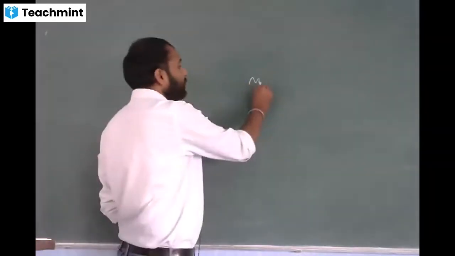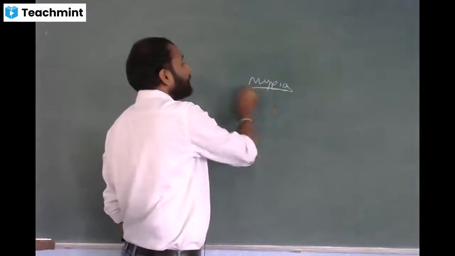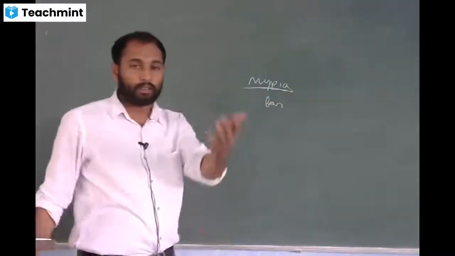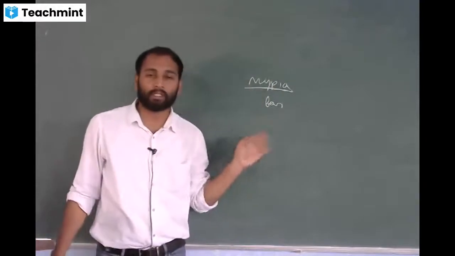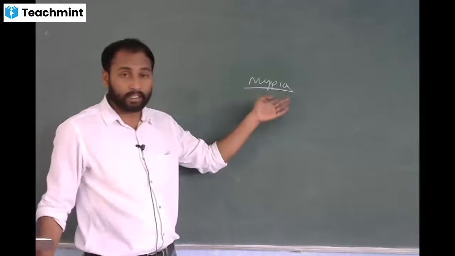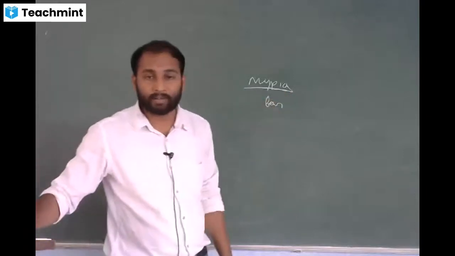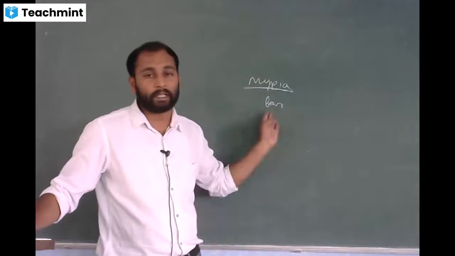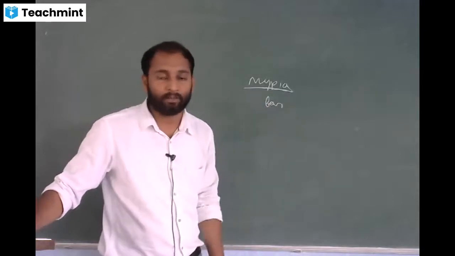Myopia, because as he is sitting in the last bench, the distance from last bench to the board is far. Myopia is near-sightedness, where he can see nearby objects clearly, he cannot see far objects clearly. So we can say that the student is suffering from myopia.